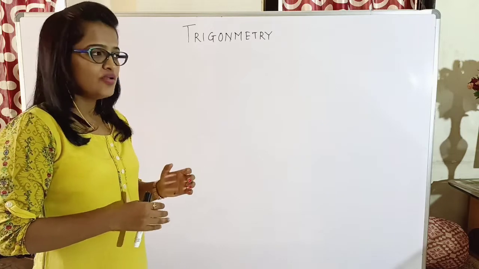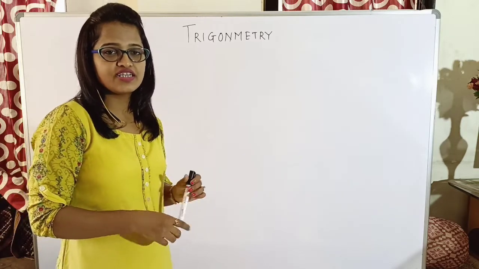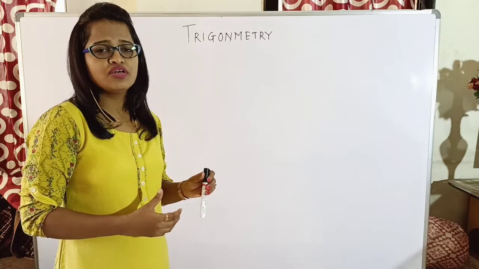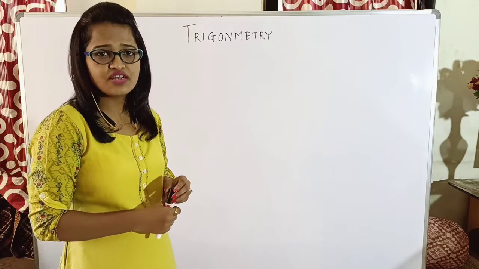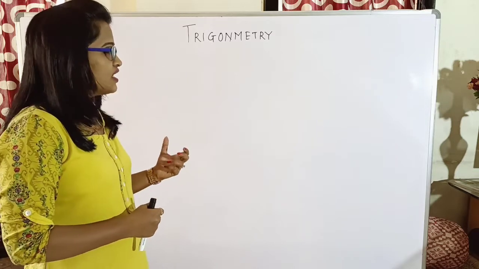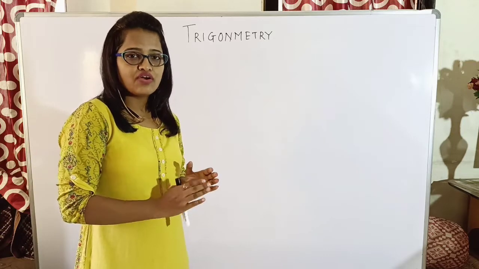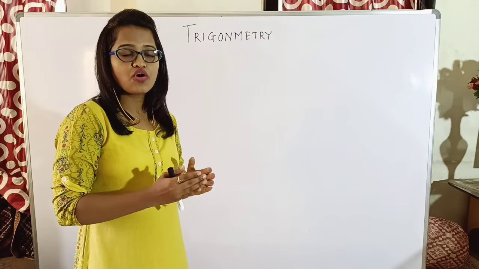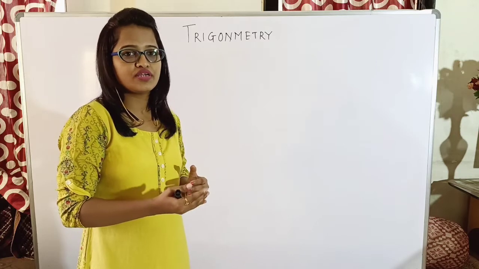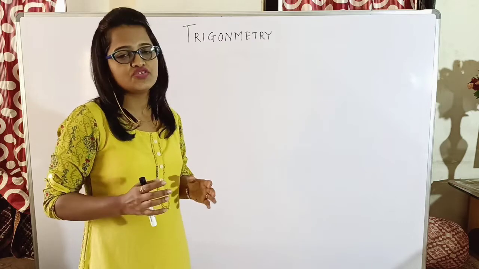Many students are very much scared of this trigonometry topic, thinking that it is a very difficult concept, or how the ratios and the values are derived. But I would like to say that if you try to visualize what values of the ratios are obtained and how they are obtained, then this topic will become very easy for you.